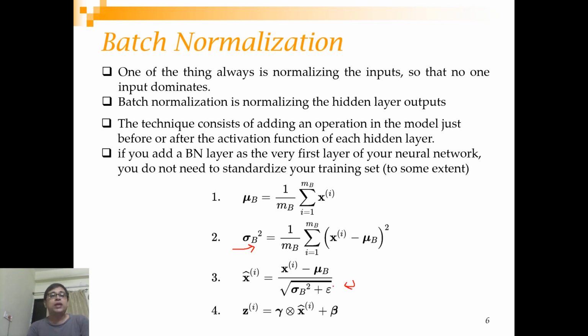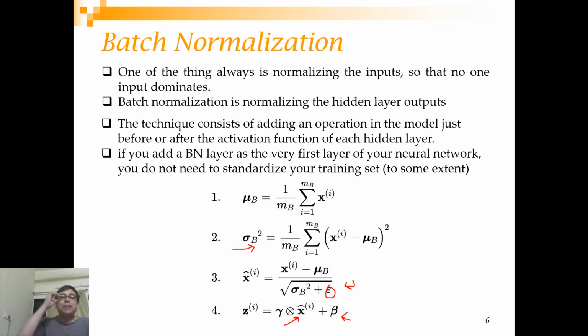However, when you are doing the standardization, you are using your usual epsilon value to avoid the divide by zero error, okay? And then finally you have a new variable, where you are using two parameters named gamma and beta. This gamma controls the spread, and this beta works kind of like the bias, that is, how far it is from zero.